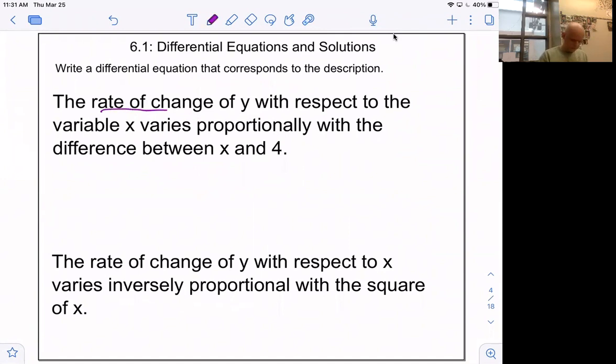It says the rate of change of y with respect to the variable x. This is a statement about a derivative. So what I'd say here is that dy dx, that's what the rate of change of y with respect to x means. It's the slope, the derivative, dy dx. It says it varies proportionally with the difference between x and 4. Well, the difference between x and 4 is a little chunk in parentheses that looks like this, x minus 4.